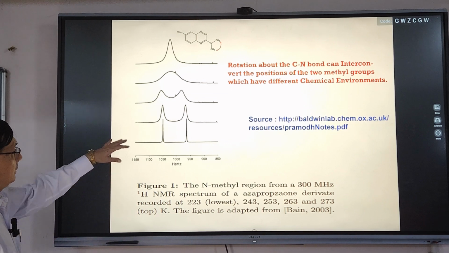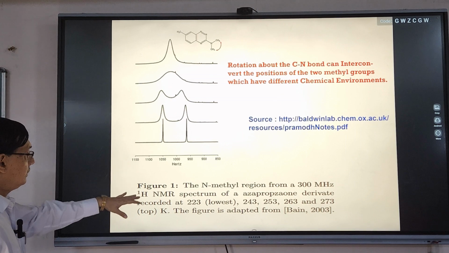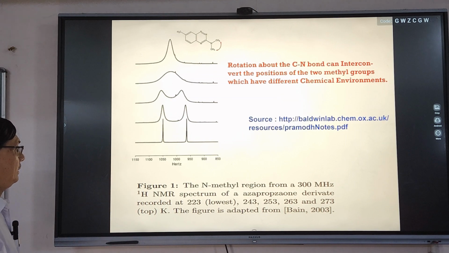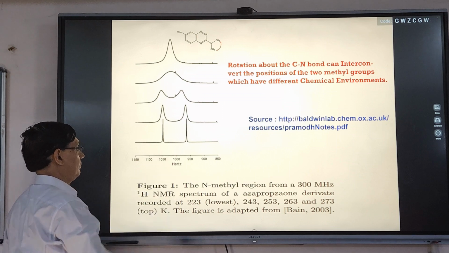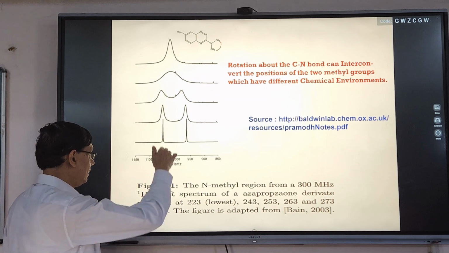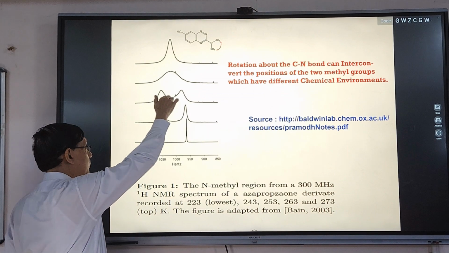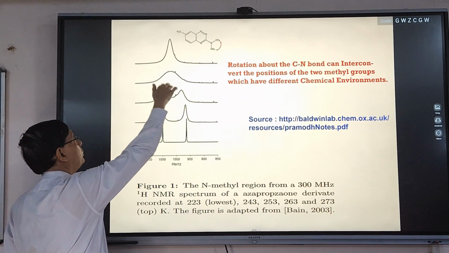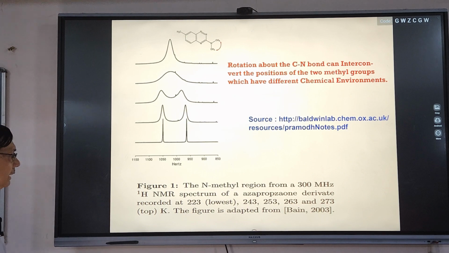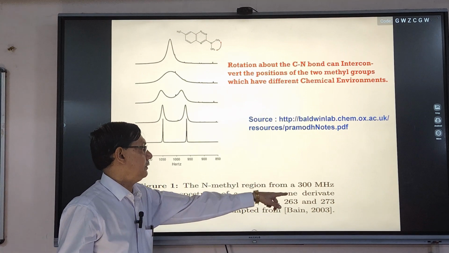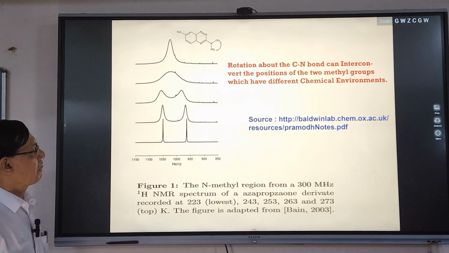And it depends upon the temperature. So for example, suppose this is 223 Kelvin, then 243, 253, 263, 273. So it is a temperature dependent reaction of an azapropazone derivative, of course.